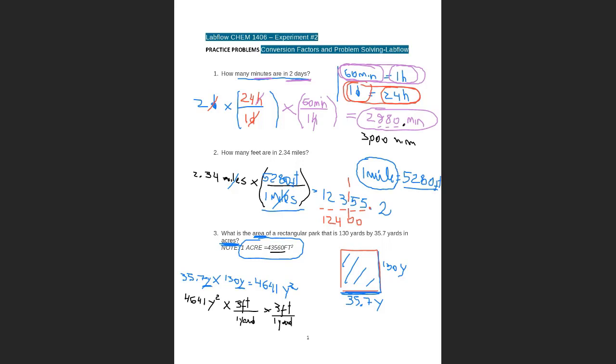So the square yard cancels with the yard and the yard, and my units are going to be square feet. So now I plug in my calculator, 4641 multiplied by 3, and again multiplied by another 3. When I do that, I get a number that is 41769 square feet.